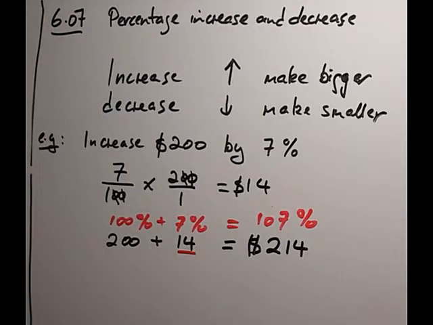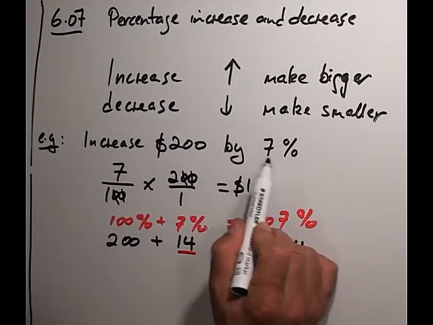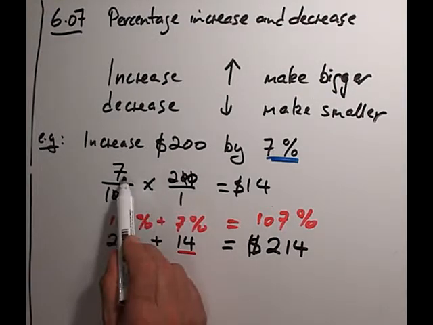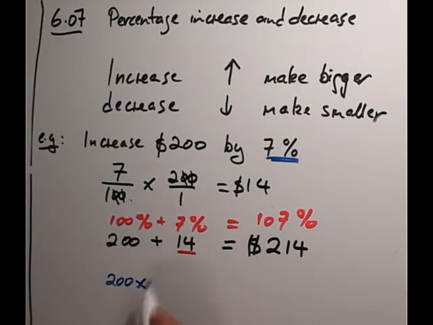Well, the reason why I'm doing this is because I want you to realize when it says increase something by 7%, that's like saying I want to take the $200 and I want to multiply it. Instead of multiplying by the 7%, I actually want to increase it, so I can multiply it by 107% and find out what that answer is.